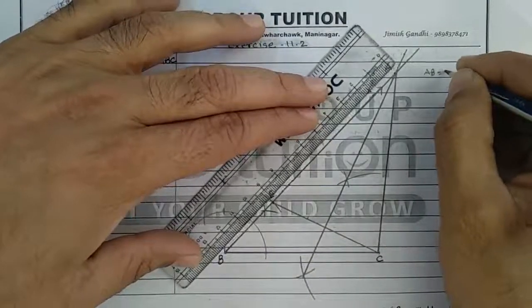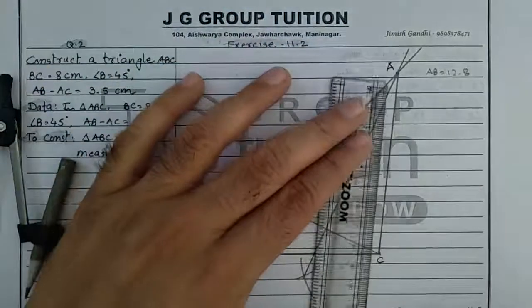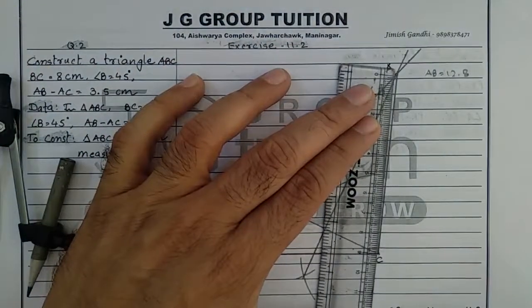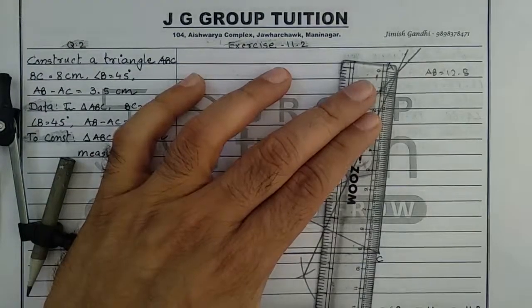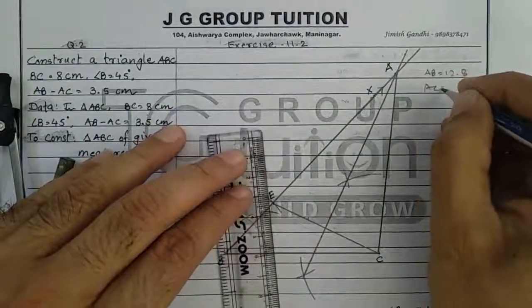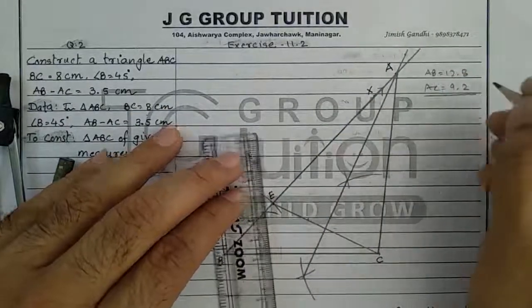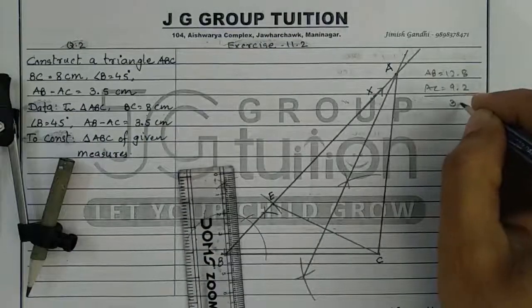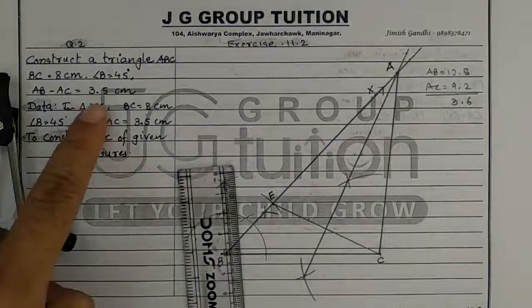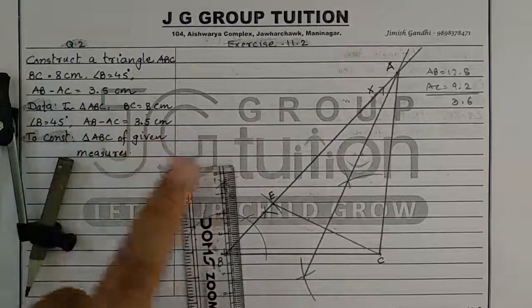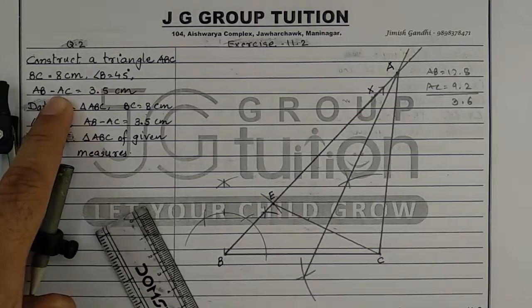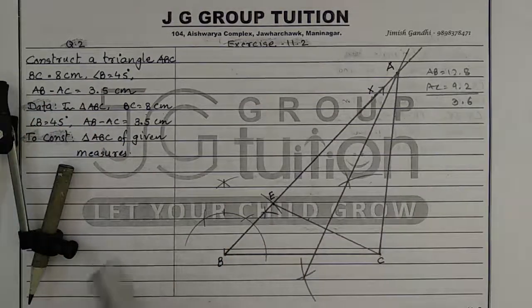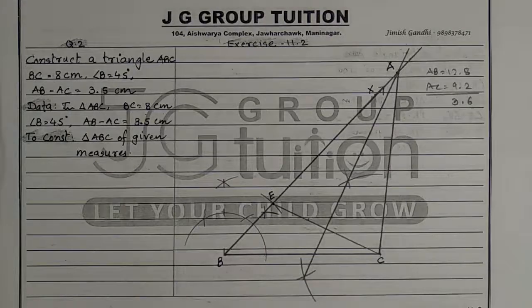And AC is 9.2. If I subtract these two, I get 3.6, which is approximately 3.5 centimeter. As we discussed earlier, the length of AB must be greater than the length of AC. So this is the required triangle ABC.